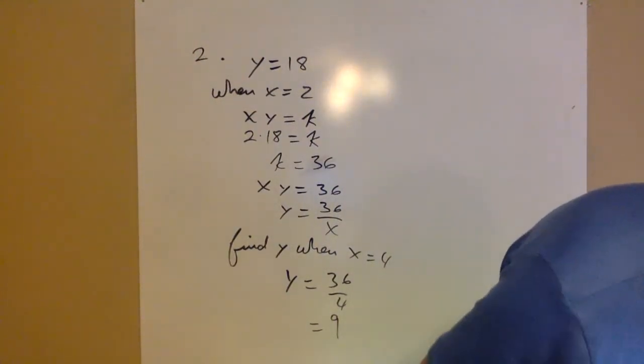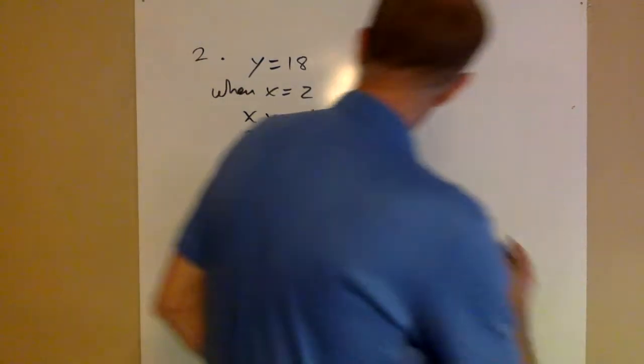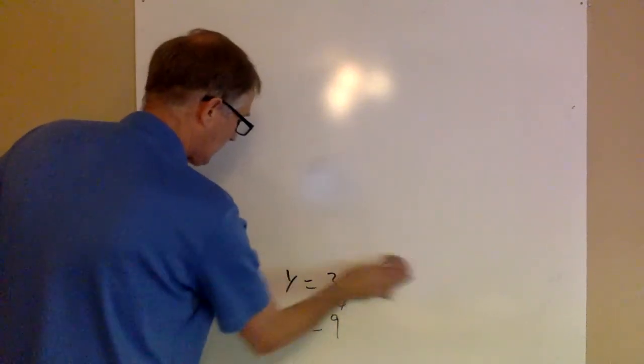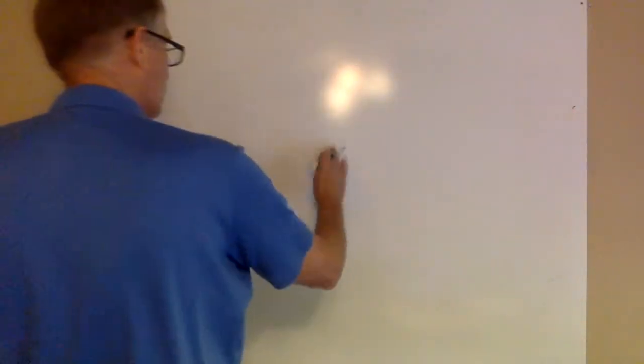Next example, let's say what they call the product rule for inverse variations.